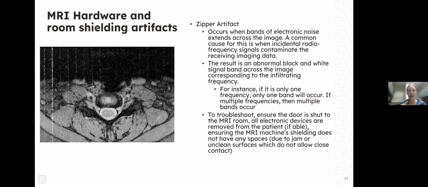If there were a crack somewhere in the receiving area and it was receiving a different kind of signal, make sure that those areas are clean and fully shut. Here on this left-hand image, you just see one white band going across the image. It looks like just one frequency, but you can see how that would disrupt the quality of the image. So this is the zipper artifact.